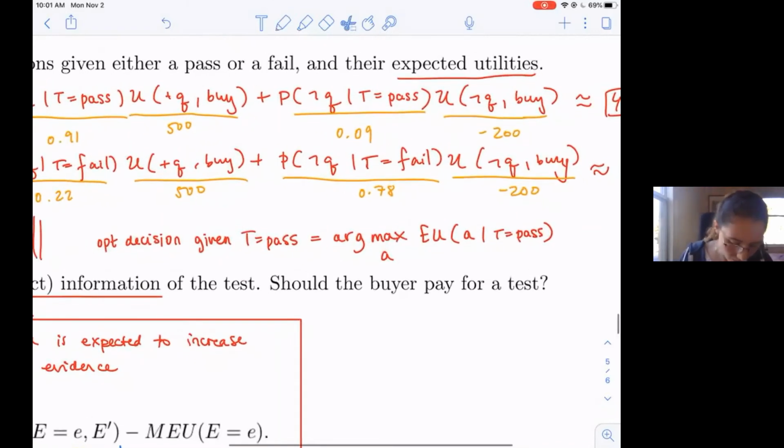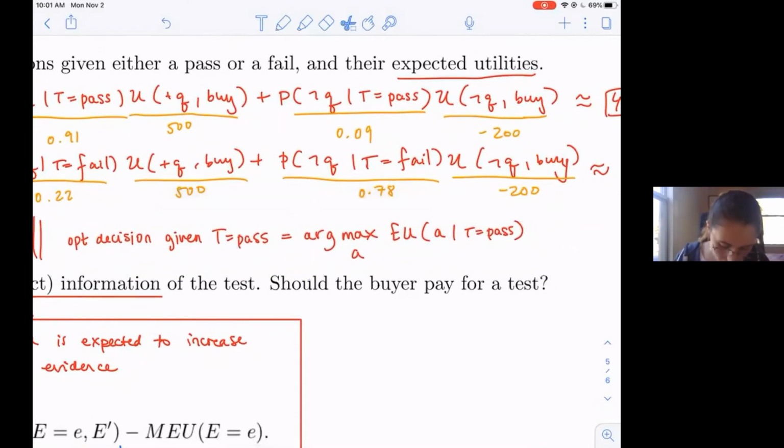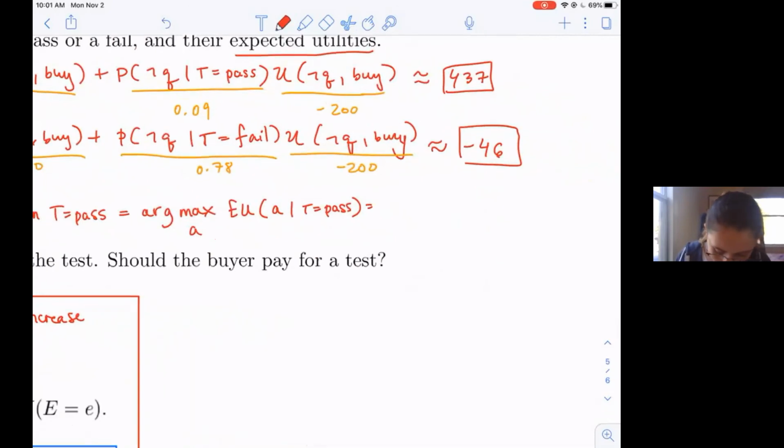Okay, well, we have computed these values. So here we're taking the argmax over actions of the expected utility of buying given pass and the expected utility of not buying given a pass.